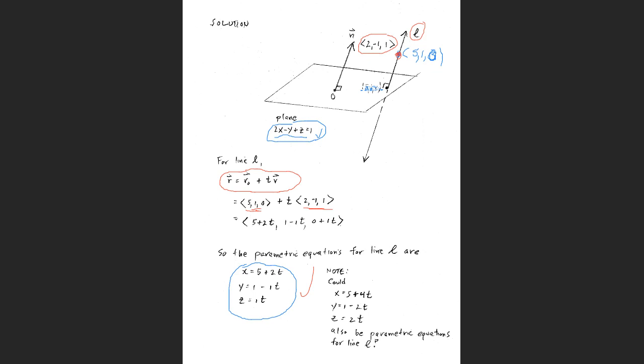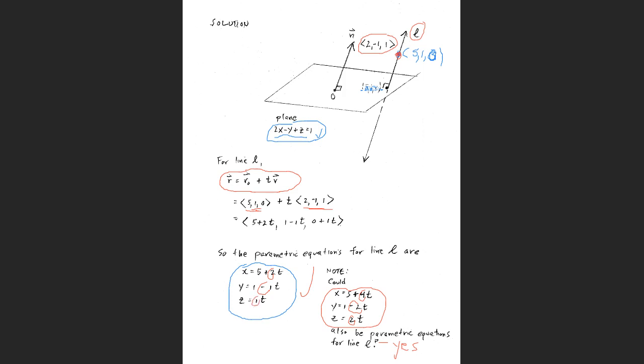And we also mentioned that parametric equations for the line are not unique, because these parametric equations here on the right are also parametric equations for the line. That's a yes, because the coefficients of t, the vector 4, -2, 2, is parallel to the direction vector v, 2, -1, 1.